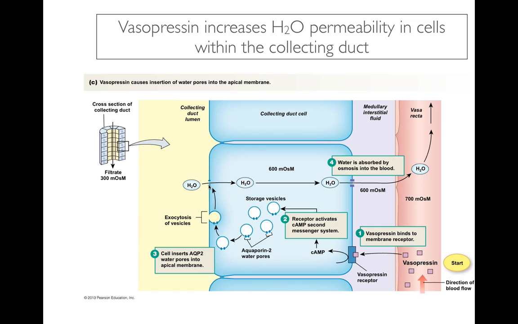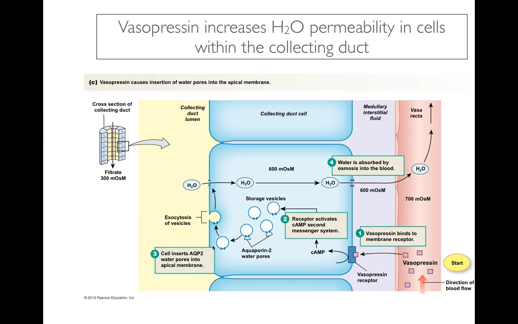And when they do, that means that now water has a door through which it can go from the filtrate into these cells, and from the cells be reabsorbed into the blood. So the way that ADH, anti-pee hormone, or vasopressin affects water reabsorption is basically to increase the expression of water channels on the surface of these collecting duct cells.